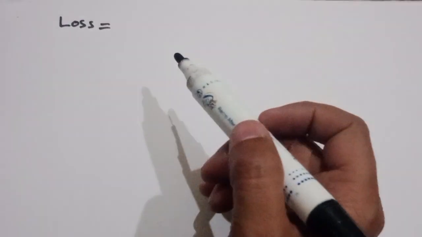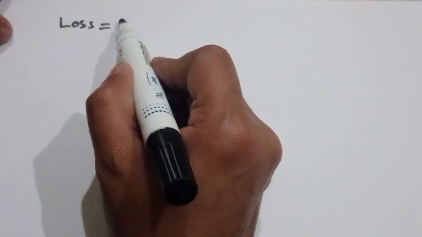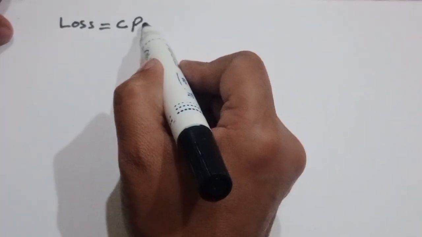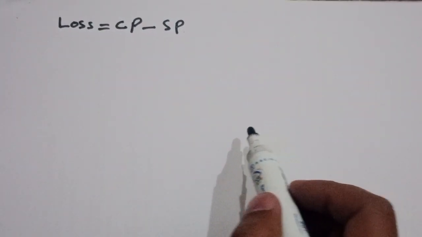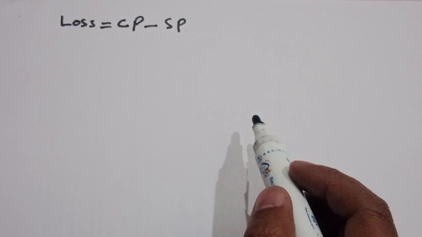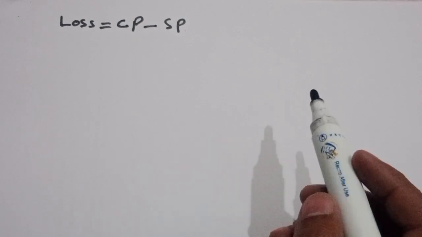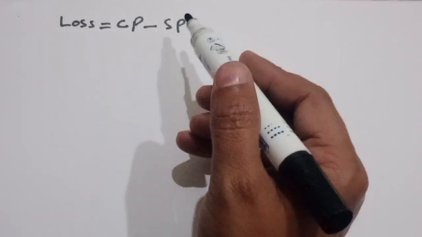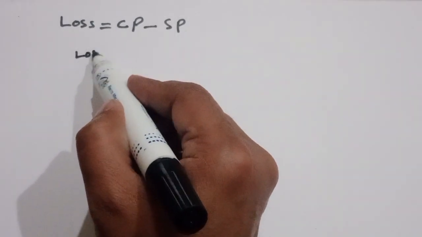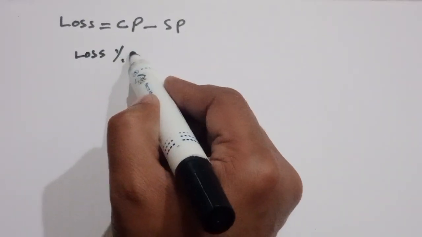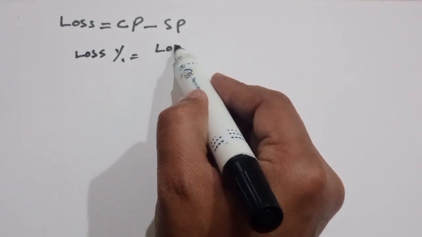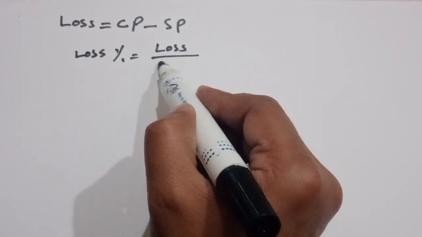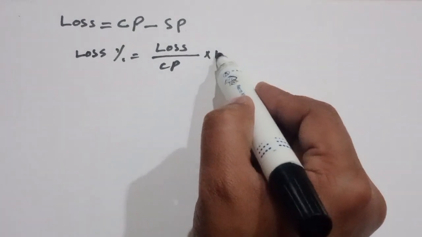Again, loss is based on two things: if the cost price is higher than your selling price, meaning you buy a product at a higher price and sell it at a lower price, then the difference between the cost price and the sale price will be your loss. Similarly, the loss percentage is the amount of loss divided by the cost price times 100.